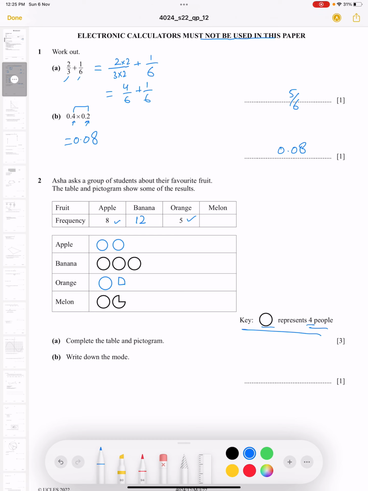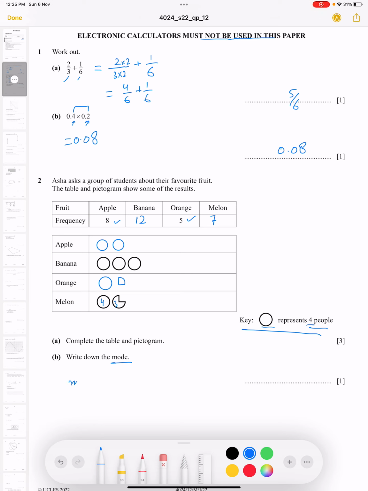So that's it. Now melon, it's represented by 1 full circle and 3 quarters of a circle. So 1 full circle means 4 people, 3 quarters of a circle represents 3 people. So total it will be 7, the frequency. So the table has been completed and the pictogram as well. Now write down the mode.